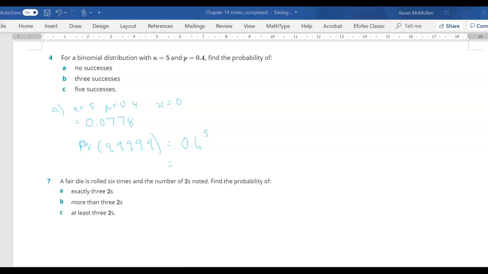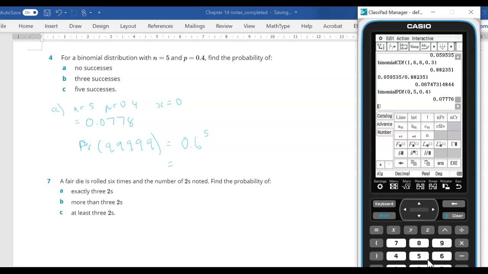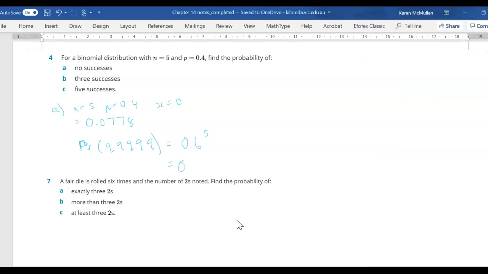So if I get my calculator back up, so 0.6 to the power of 5, and you can see you get the same answer. The reason for that is, and you don't really need to know this, in the binomial distribution, 5 choose 0 is equal to 1.